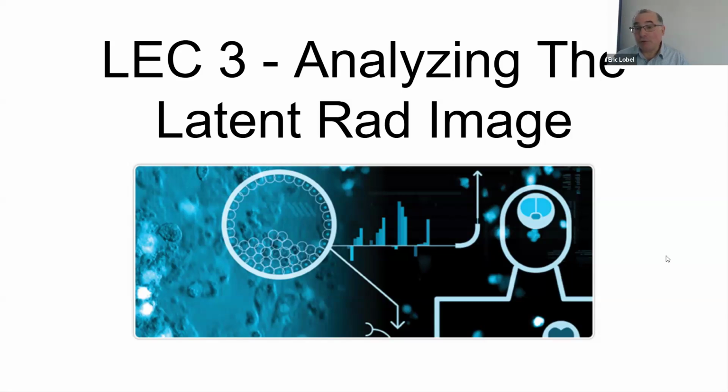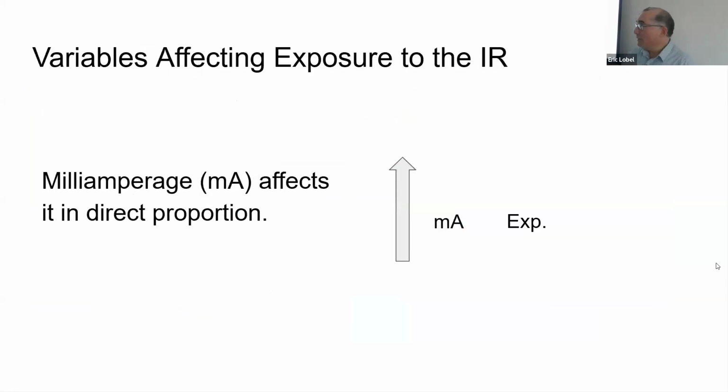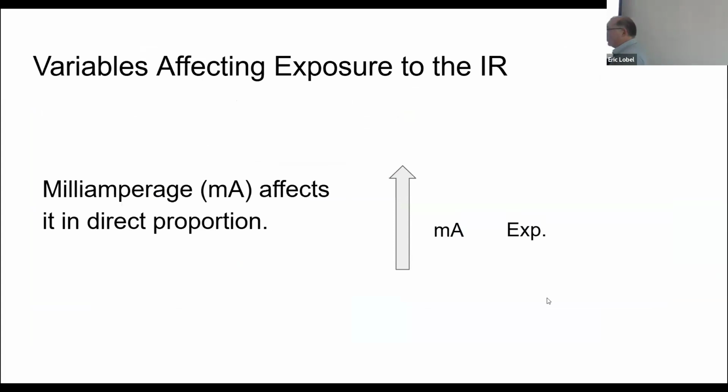So this was kind of a review, right? The vast majority of this was a review. We talked about spatial resolution and the differences between contrast versus regular spatial resolution like we just did at the beginning. So they did get some of it. Then we went through this little exercise here. And we said when the MA increases, what happens to exposure?